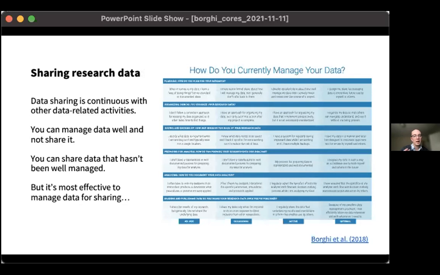Okay. I will also say that one thing about sharing data is that when you're sharing a data set, it's really important to make sure you're sharing it in a usable form, right?